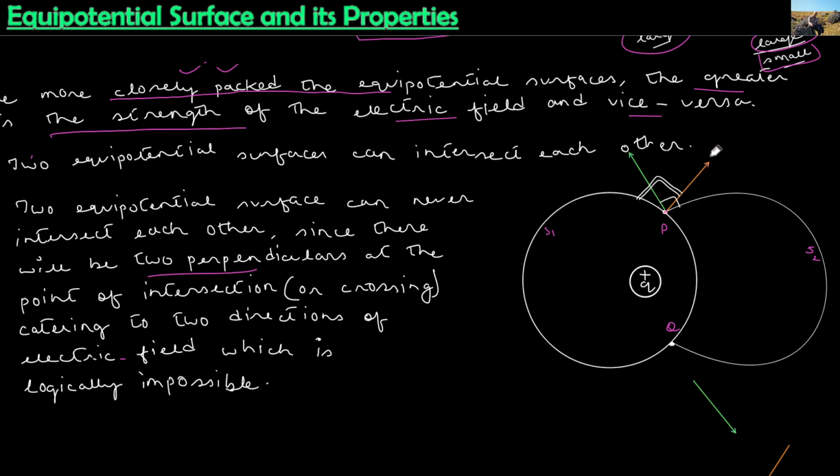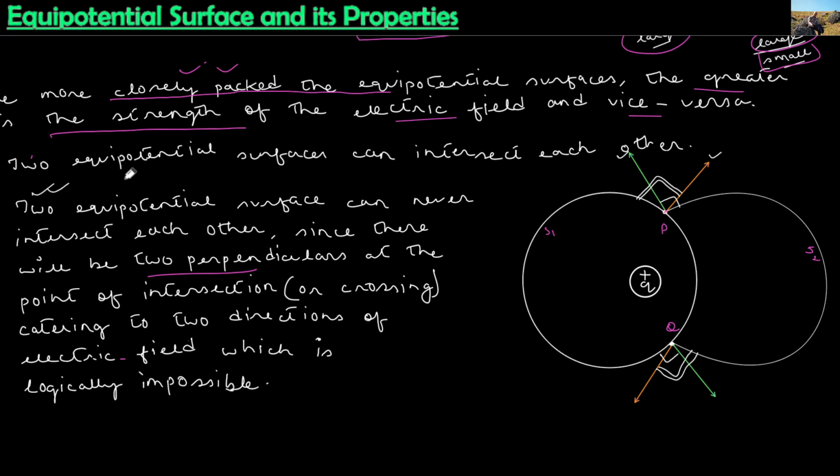One will be this perpendicular with respect to surface S1 at point Q, and another will be this perpendicular at Q with respect to S2.